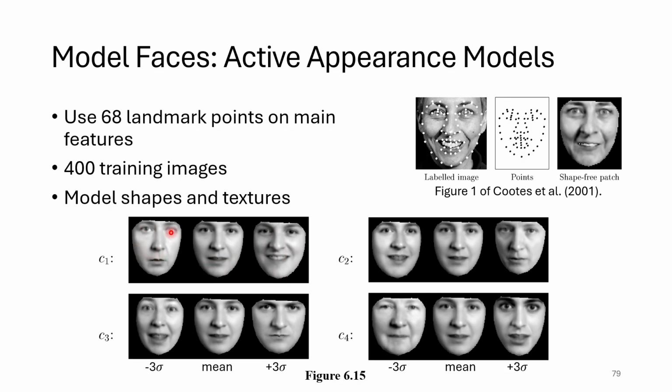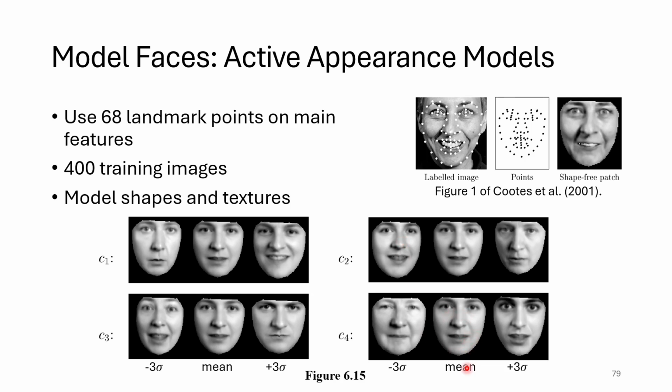As far as I can see, I guess the first axis will change the length of the jaw. So you see the jaw is much shorter here, and the jaw is much longer here. And the second axis, I think it is the orientation of the face. Okay, so this is neutral, but it is slightly turned right, and another is slightly turned left.